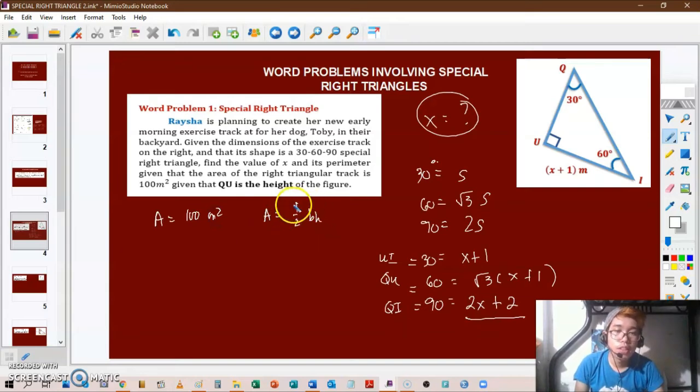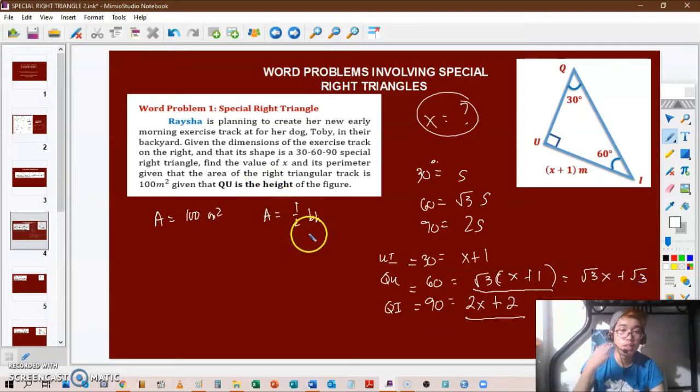It's been given that QU is the height of the figure, and we know the height of the figure, it's square root of 3 times the quantity x plus 1, or square root of 3x plus square root of 3. And we also know the value of the base, so that's UI, and it's equal to x plus 1. Okay, so now we can solve for the area or the value of x.